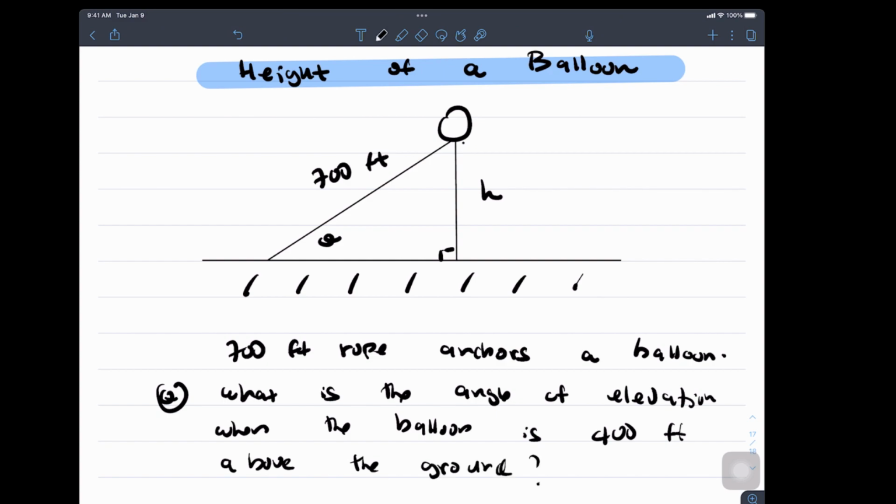Ground. Okay? Bless you. Okay, so let's read this. They're saying this is where you're anchoring. This is where the anchor is.